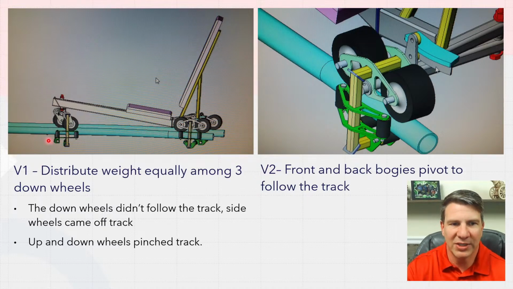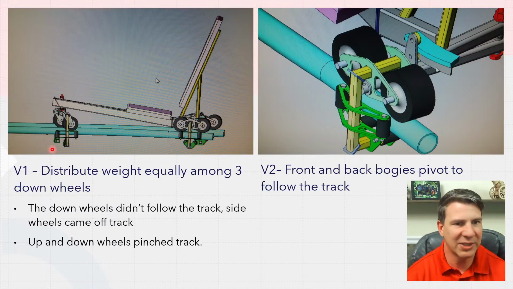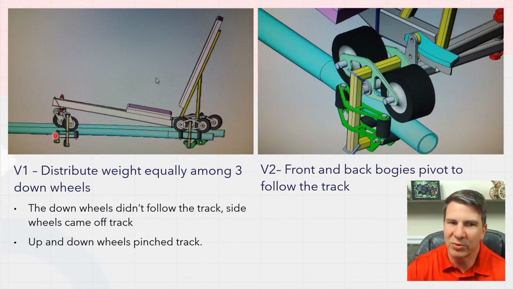But my guide wheels actually came off the track, and it actually bound up the first time we went over one of the small ejector hills, and it pinched the track, stopped the cart, put some excessive loads in there. So what we did was we redesigned it to follow the track using a very similar method to what you see in the rear.